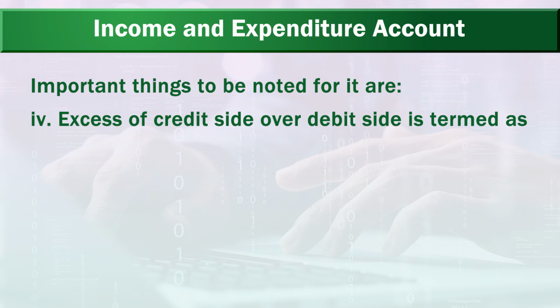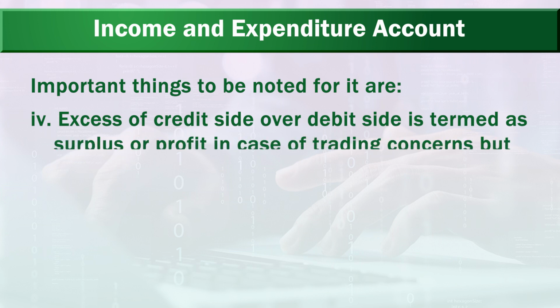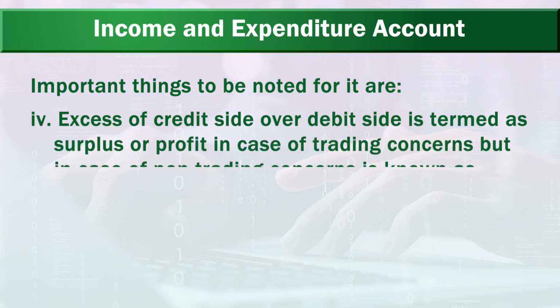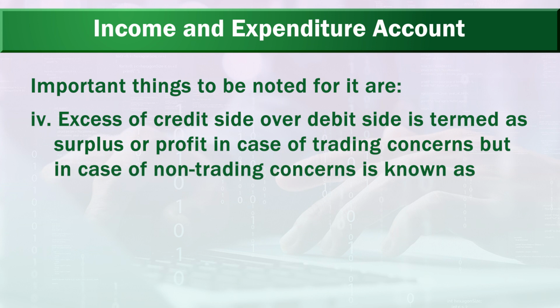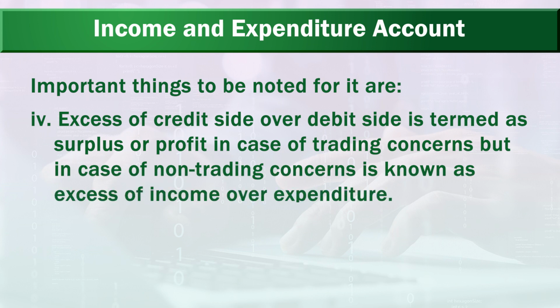4. Excess of credit side over debit side is termed as surplus or profit in case of a trading concern, but in case of non-trading concerns, it is known as excess of income over expenditure. However, if the debit side exceeds the credit side, there is a deficit and it is termed as excess of expenditure over income.